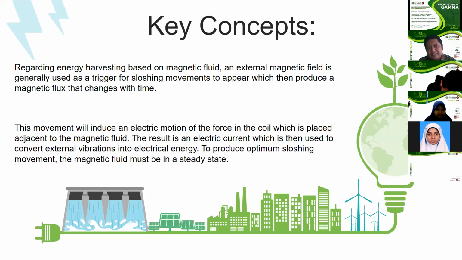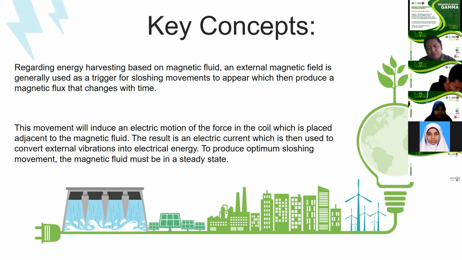To trigger the sloshing movement, in order to produce magnetic flux that changes in time. This movement will induce electric motion, and can also be produced by force, through electric or magnetic force in the coil.